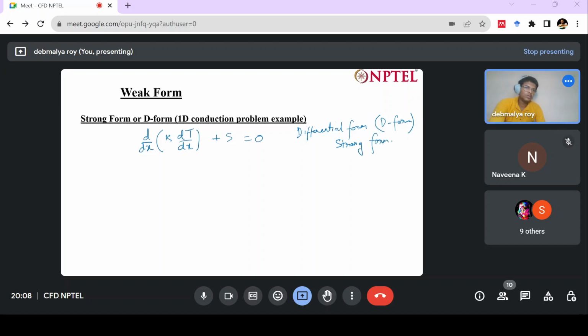Why strong form? Strong form is in the context of what we are going to do right now.